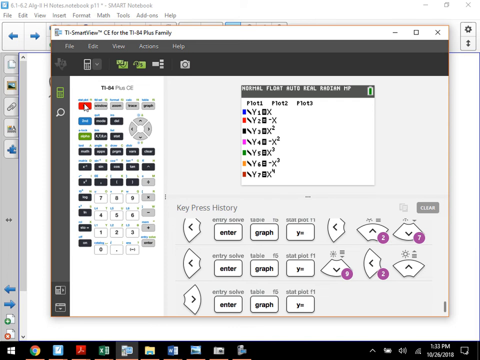The calculator has enough spots for you to do all of those. So take a second, type those in, okay?